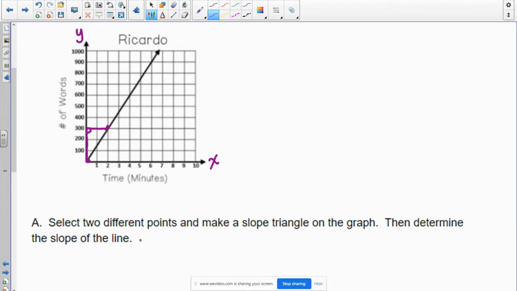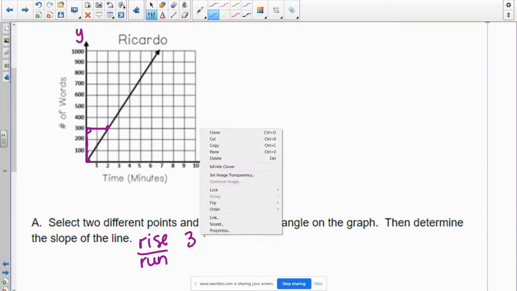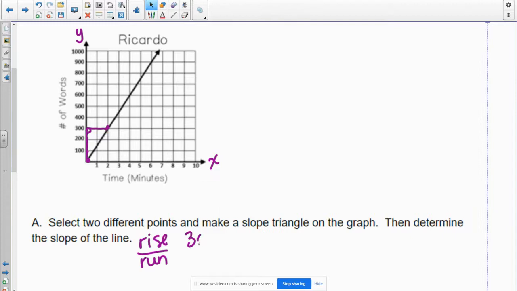So I have rise over run. So I look on my y-axis, I'm increasing by 100, 200, 300. So 300, in this case it's words, over, and then my x-axis, or my run, is 1, 2.